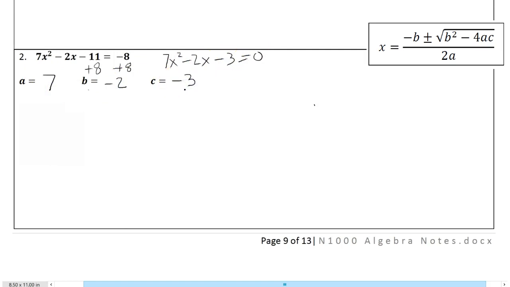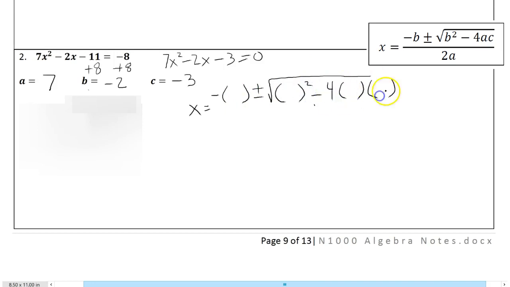Now rewrite the quadratic formula, but replace A, B, and C with parentheses. X equals negative b plus or minus the square root of b squared minus 4ac all over 2a.